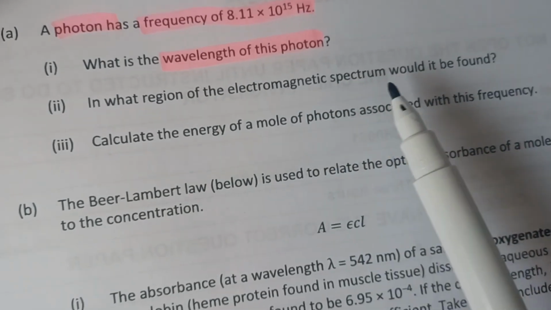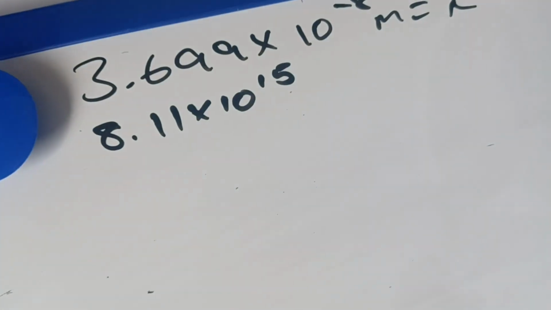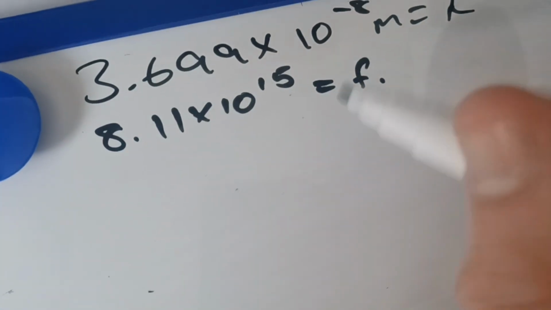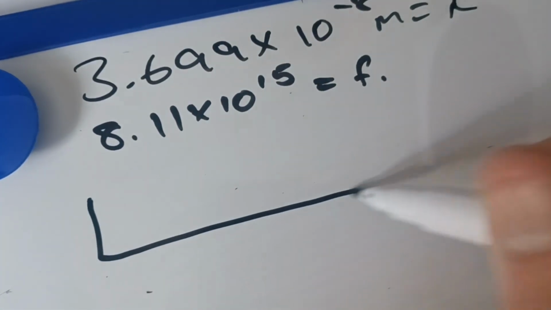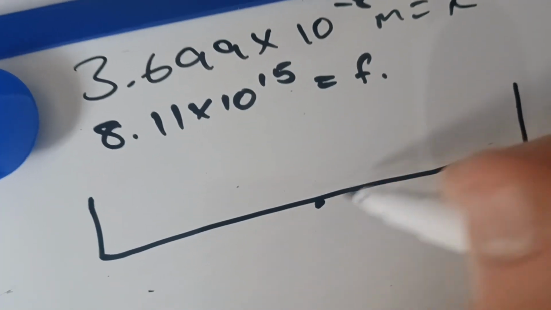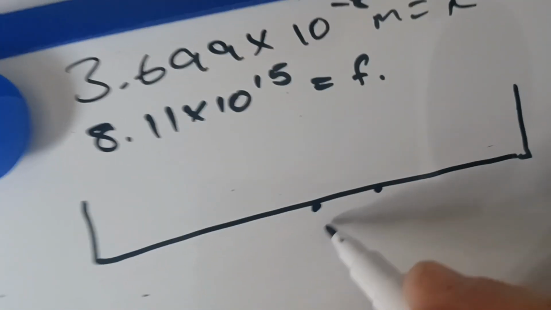This is where we turn to our frequency, and we have a look on our spectrum where visible light is somewhere in the middle.